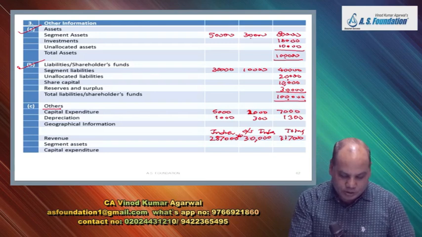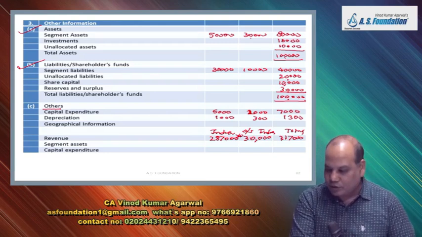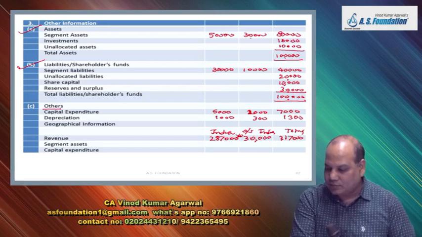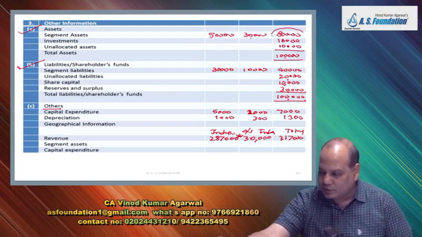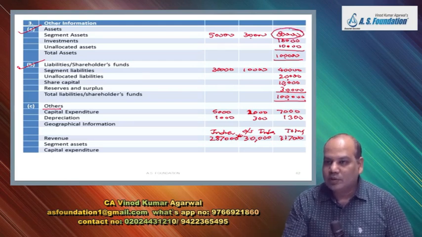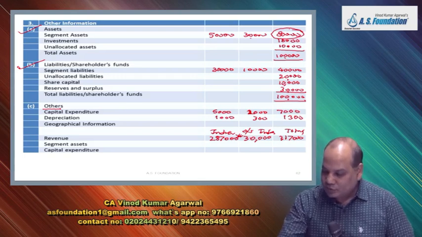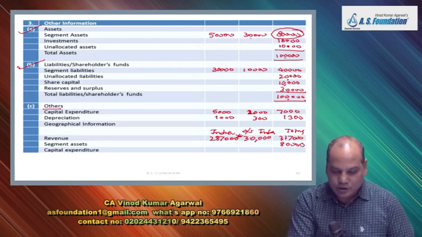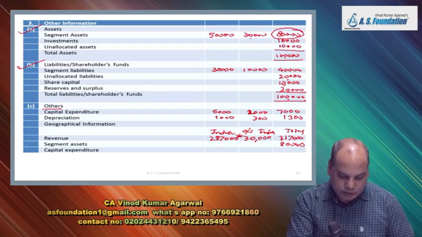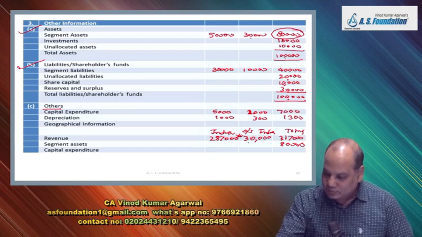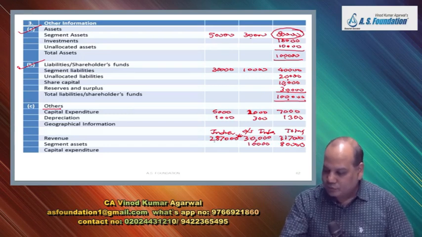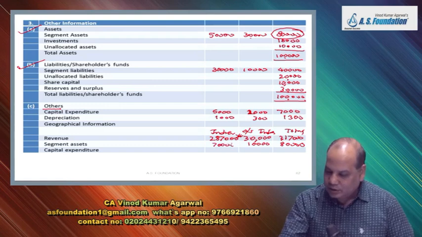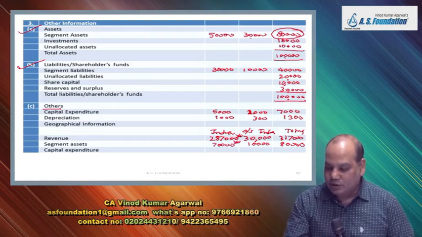And then one more disclosure you have to give: segment asset in India and segment asset outside India. You can see here total segment asset is 80,000, so write 80,000 here. Out of that, they have mentioned in the problem, segment asset outside India is 10,000. So segment asset in India, the balancing figure, is 70,000.